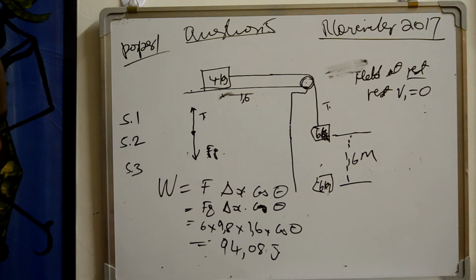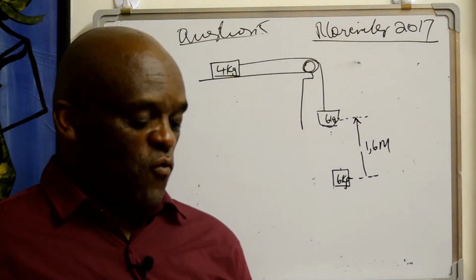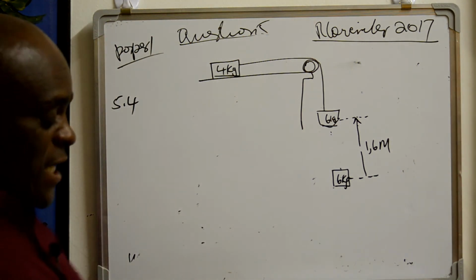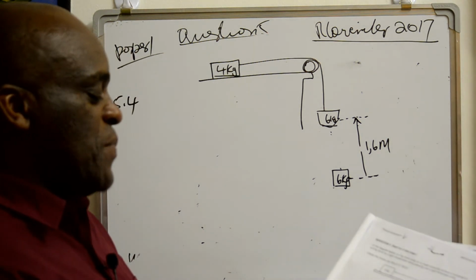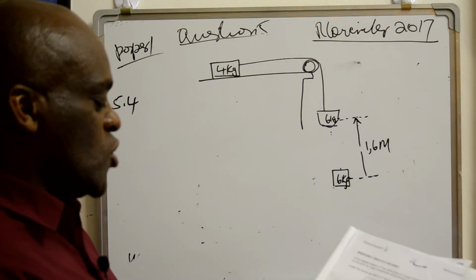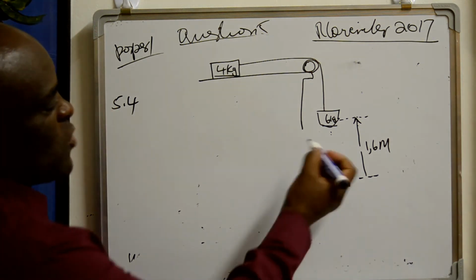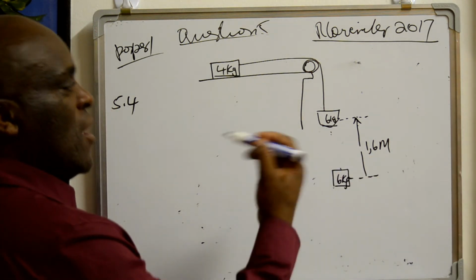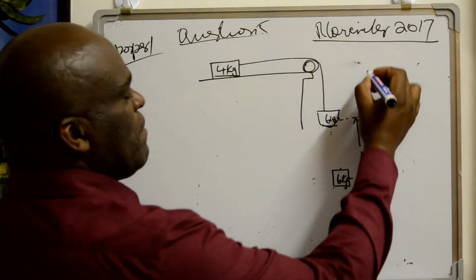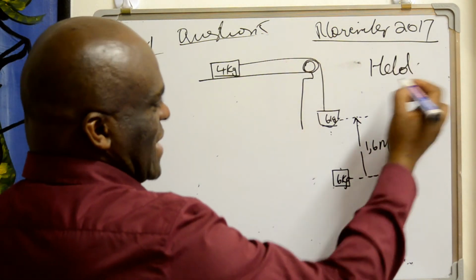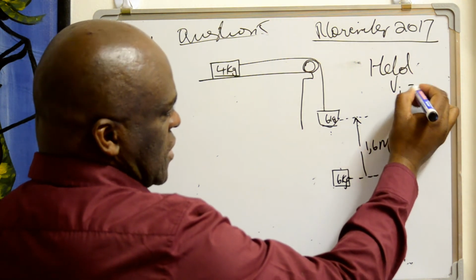That's how you calculate the work. Right, another question. Let's do question 5.4. Could we use the energy principle to calculate the speed of the 6 kg block when it falls 1.6 meters while attached to the 4 kg? Actually, we want to calculate the speed. We were told that everything was held at rest, which means, as I told you, my Vi is equal to 0.